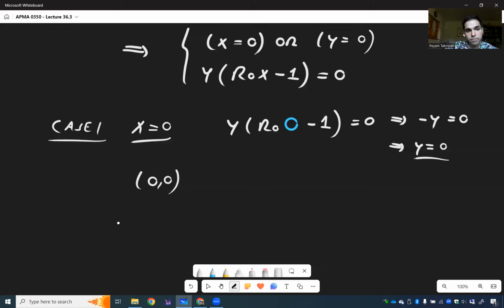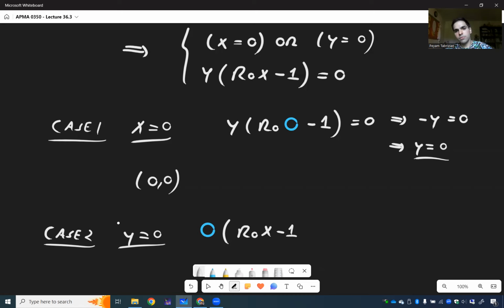On the other hand, let's do Y equals 0, so no one is sick. They might all be exposed to COVID, but no one actually has COVID. And then the second equation becomes 0 times (R naught X minus 1) equals 0. So 0 equals 0.